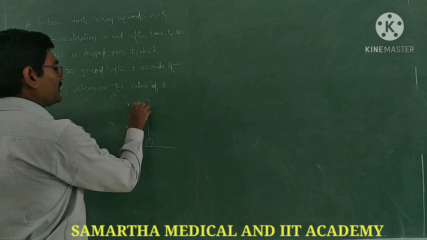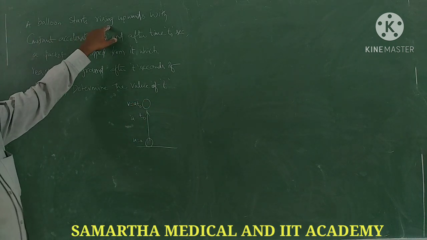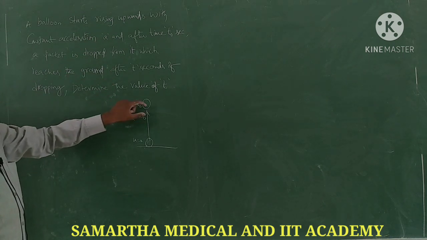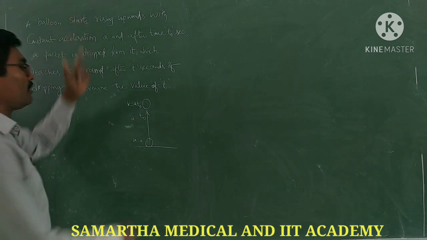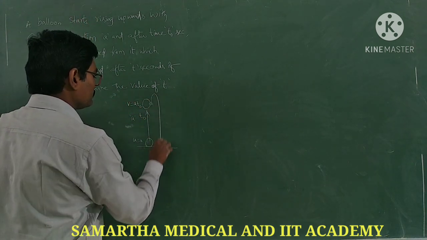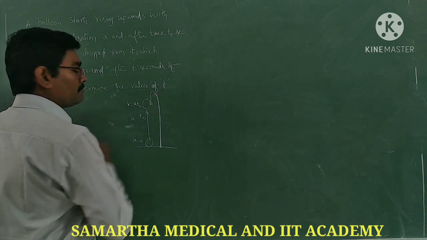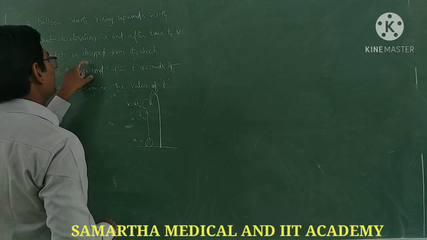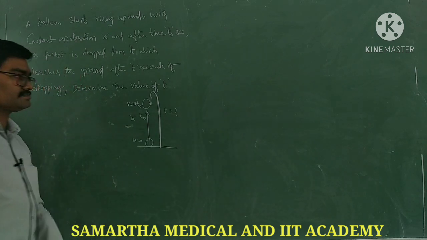V is equal to A T0, starts from rest. Okay, so V is equal to A T0 is the value after time T0 seconds. With that velocity, a packet is dropped from it. So the dropped packet will go up and come down. Correct? So after t seconds it reaches the ground. What is this t they are asking?